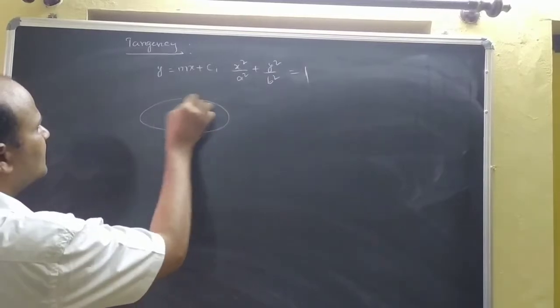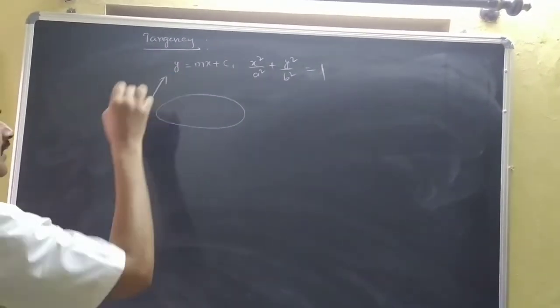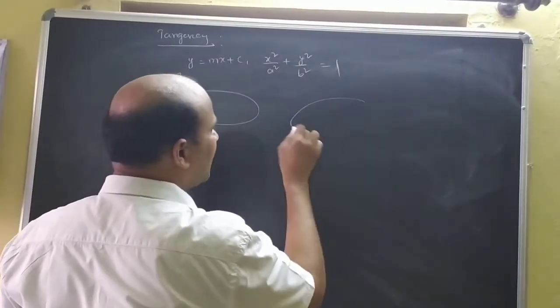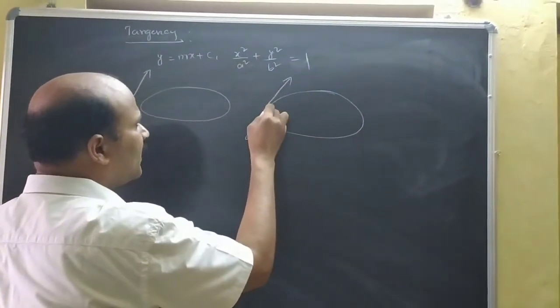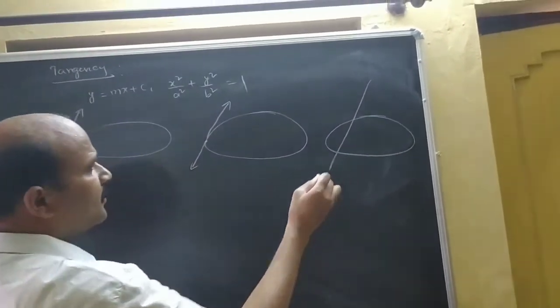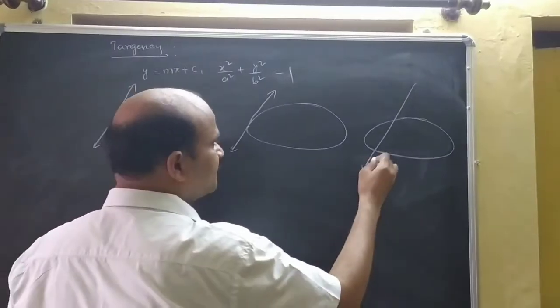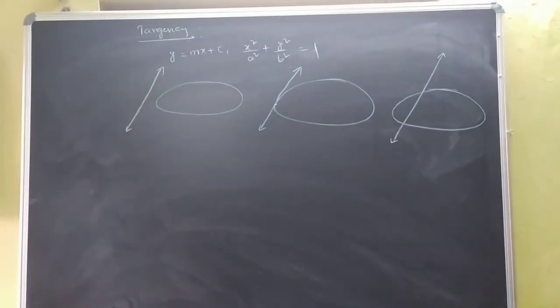The line may never touch nor intersect the ellipse, or the line touches the ellipse at one point, or the line intersects at two different points. Any one of these conditions is satisfied.